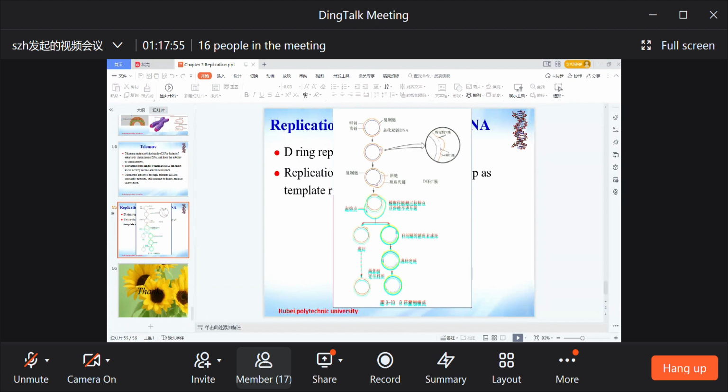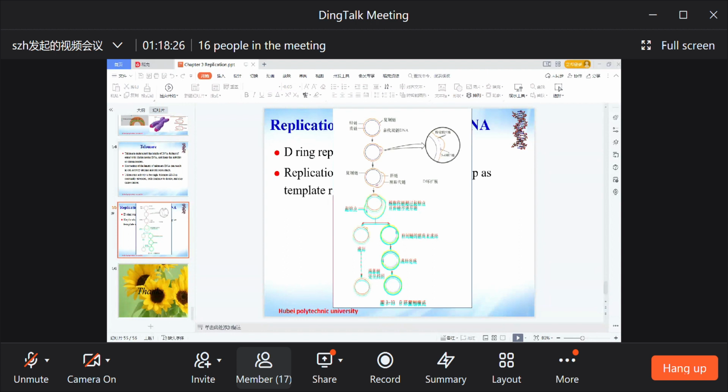similar to the letter D. First you can see it uses the inner strand as the template and synthesizes the base pair strand.